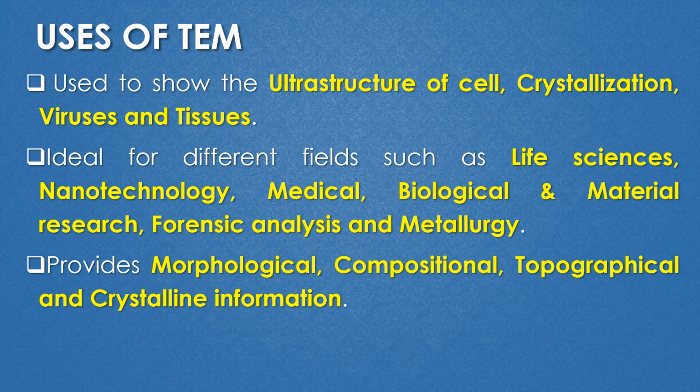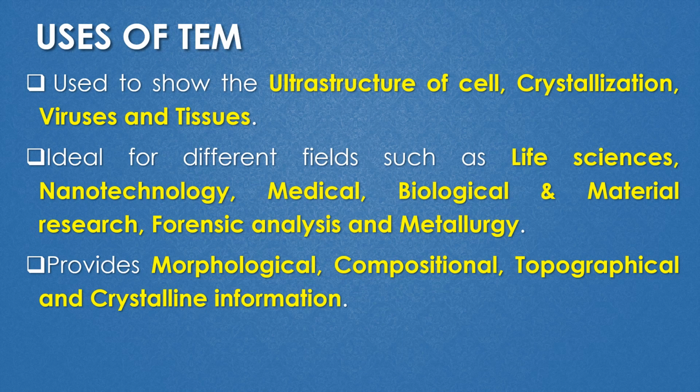In the scanning electron microscope, the electrons scan the surface of the cells, but in the transmission electron microscope, the electrons pass into the cell. So it is very helpful to study the ultrastructure of cells. The TEM is ideal for different fields such as life sciences, nanotechnology, medical, biological and material research, forensic analysis and metallurgy.